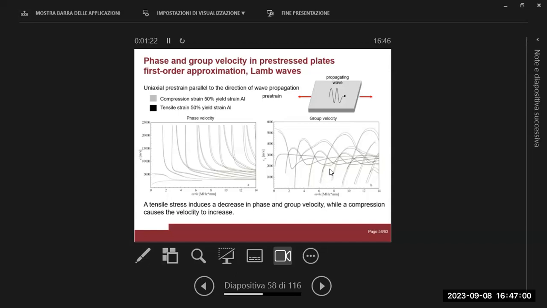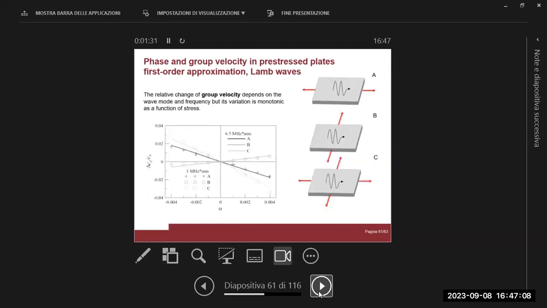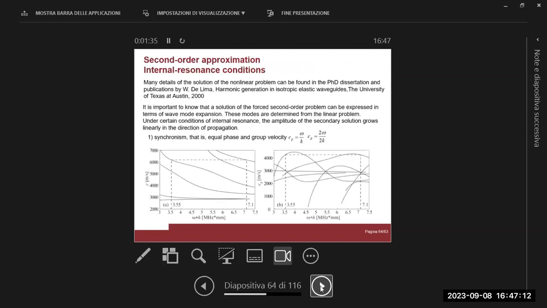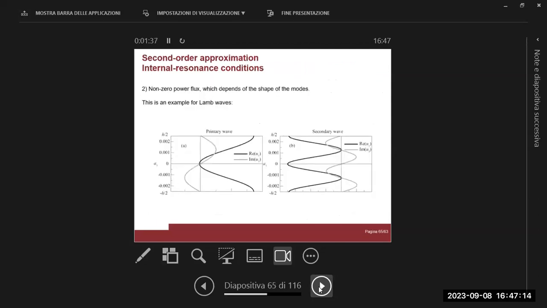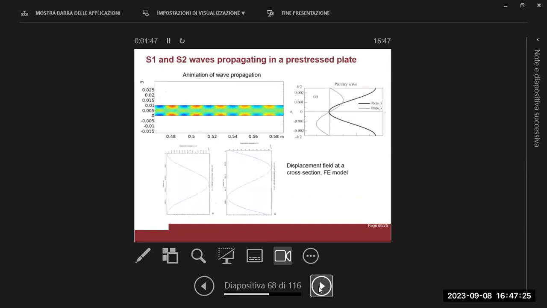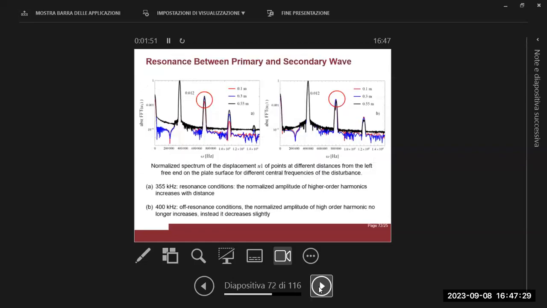Now, the point is that this change is not very large, and therefore, at the moment, there is an interest also in some non-linear phenomena, which are described by non-linear theories, so higher order approximations of this theory.